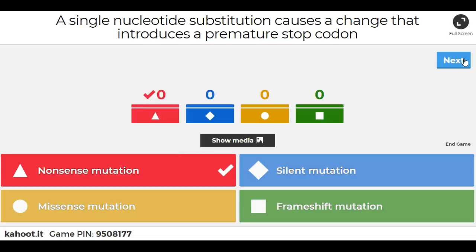So this is called a nonsense mutation, and that's because when the gene in question is transcribed and the mRNA received at the ribosome starts to build a polypeptide, that polypeptide ends up being very, very short and usually is useless in the cell because a stop codon was introduced prematurely.